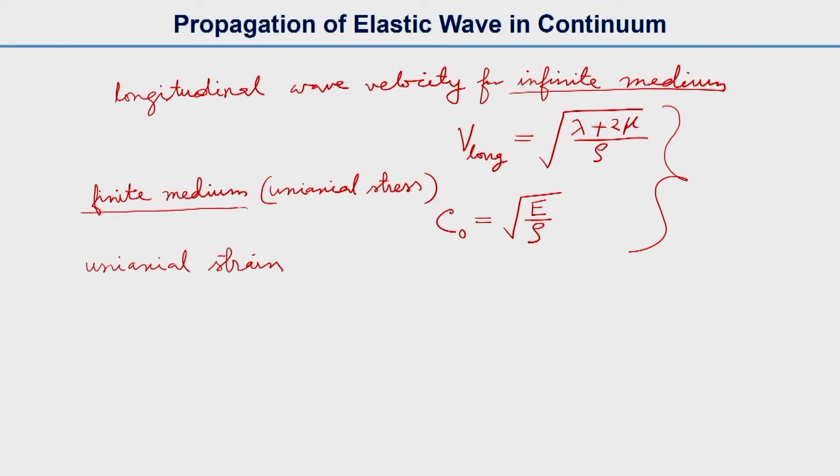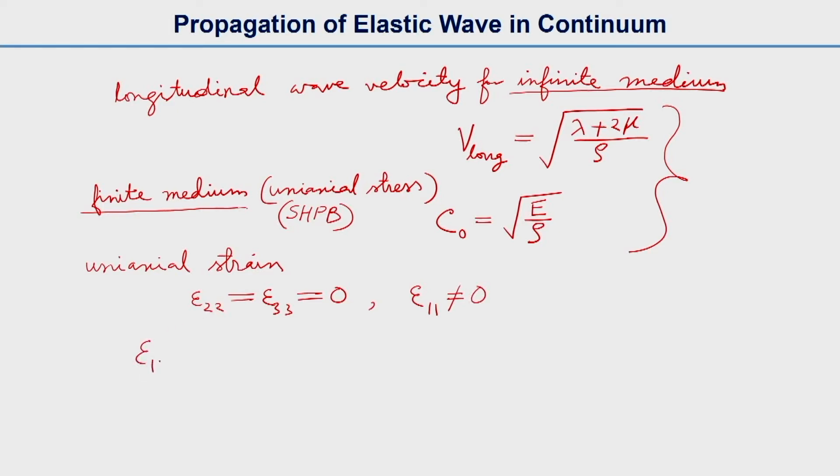Earlier in the finite media, let us say for split Hopkinson pressure bar, we considered a uniaxial stress, but now we are considering uniaxial strain, which means epsilon 22 equal to epsilon 33 equal to 0, only epsilon 11 strain in the one direction is not equal to 0.